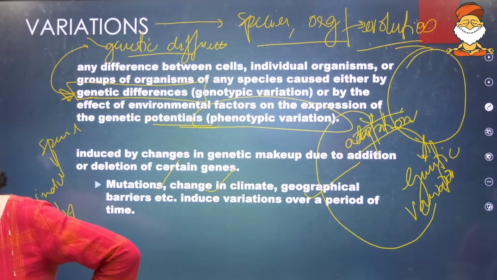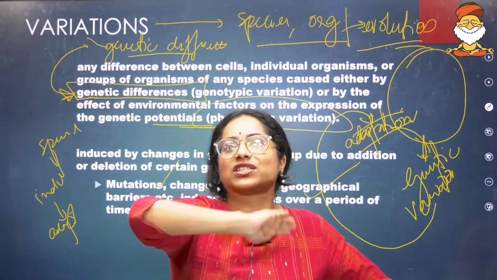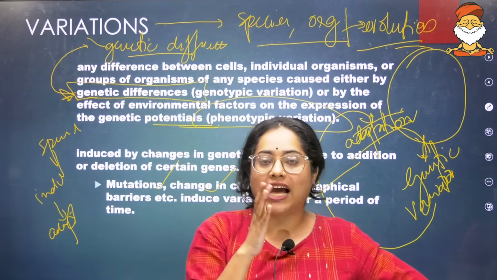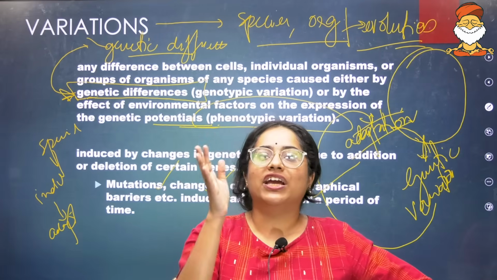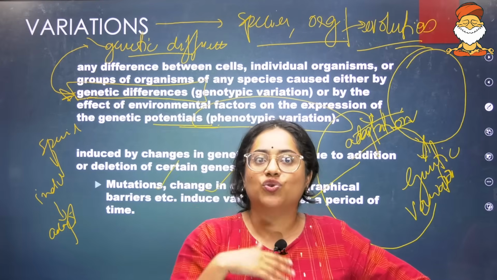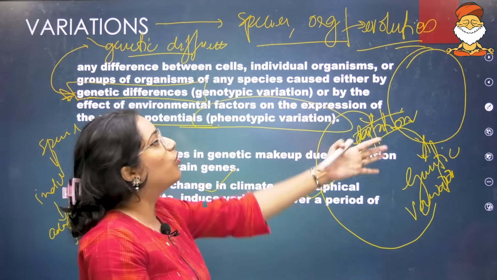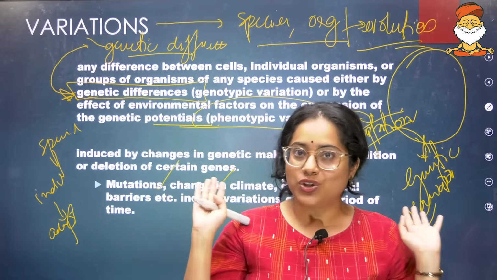So understand, adaptation is the first step. You have adaptations, you have variations. From variations, you can have different kinds of genetic variations, and from genetic variations, you can go forward and it can even lead to evolution and so on and so forth.